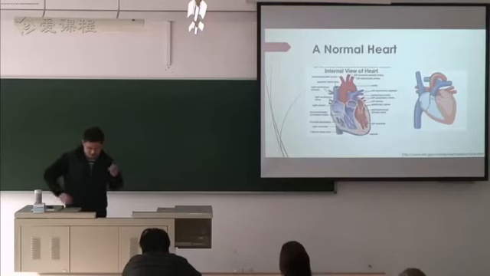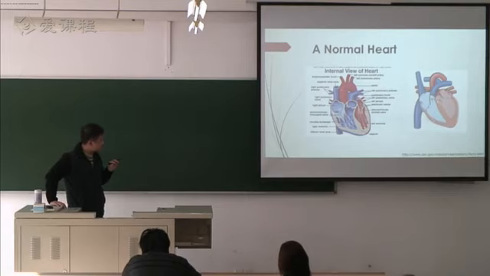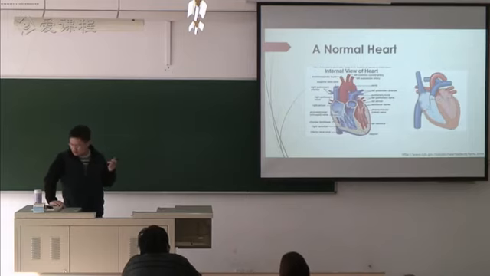So as you can see, it's a very complex structure. It has chambers, veins, aortas, arteries, and valves. If any of these components go wrong, it will cause a congenital heart defect, or CHD.